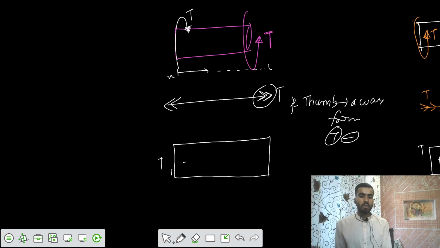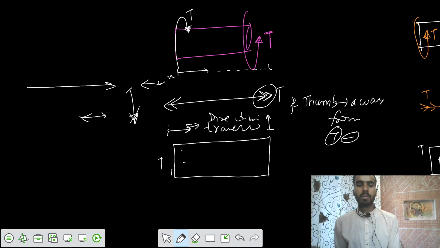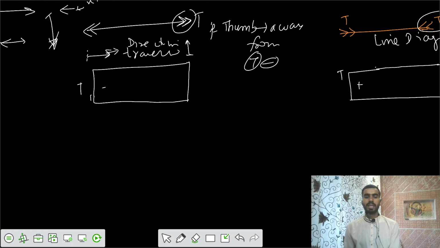If you move your trajectory from this side, and the direction of the arrows is the same as that of the traverse, then you have to increase the value. If the arrows are in the opposite direction, you have to subtract that value. You have to go downwards by that amount. So we got this negative TMD, torsional moment diagram.